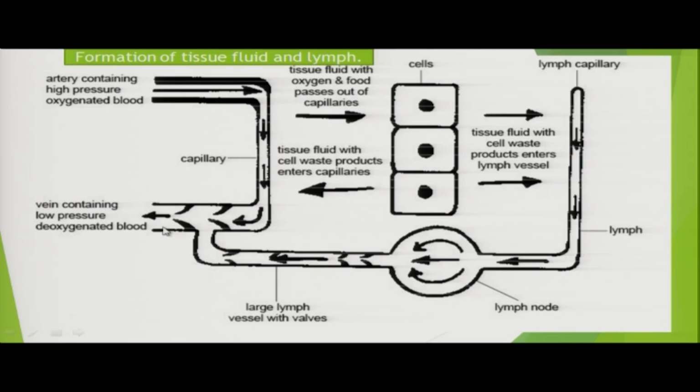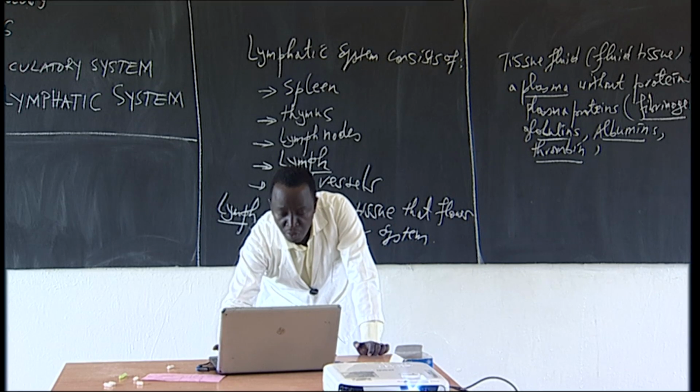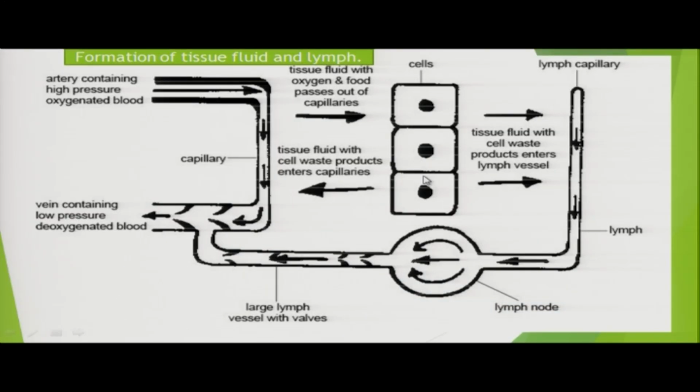By those veins. This blood is now deoxygenated. Then the excess passes into the lymph capillary. This one is lymph. Then when it reaches here, there is a lymph node that's going to filtrate. Then it goes back into the blood circulatory system.